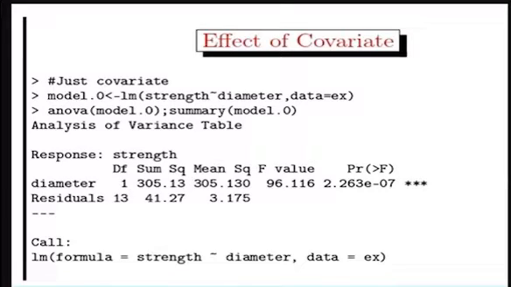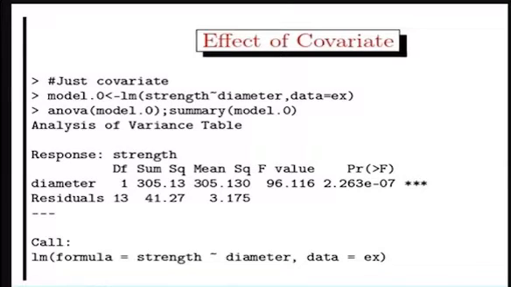If I want to investigate that, I will use a regression approach. Take a look at what you see on the board: lm, a linear model, strength on diameter. The name of my data is ex. Then I do ANOVA on that. When I do ANOVA on that, I'm interested in the p-value associated with the diameter.